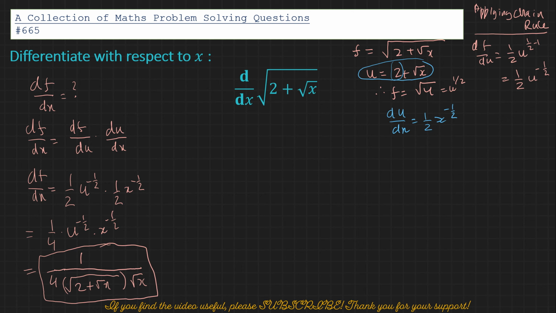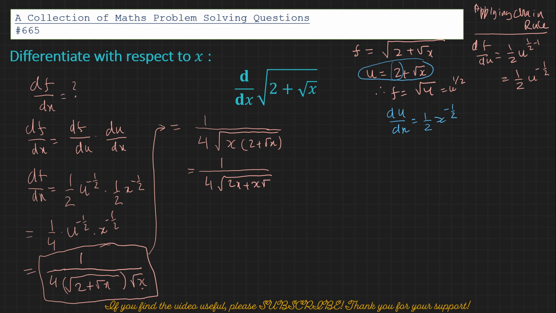So I can write that as 1 out of 4 times, multiplying the x with this, all in the square root, x times 2 plus root x, and that is equal to 1 out of 4 square root of 2x plus x root x.